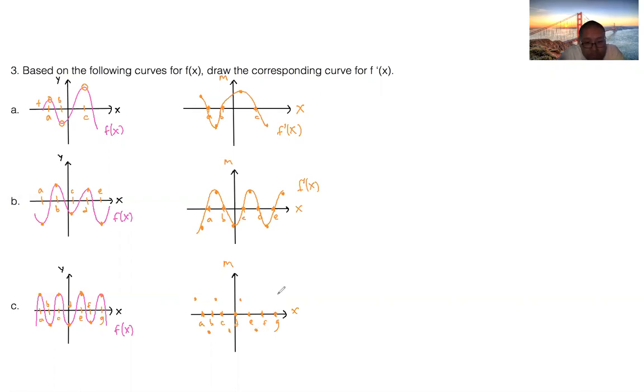Between F and G, you're increasing, so you have a positive slope. And after G, this is falling, so you have a negative slope. So similarly, when you connect all these lines, this will be your approximation for the curve of f prime x based on this f of x.